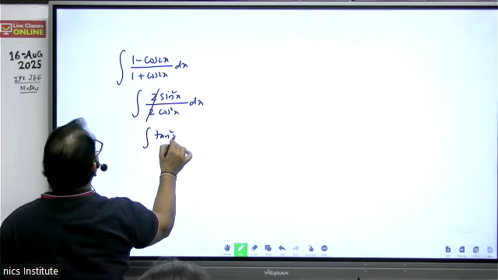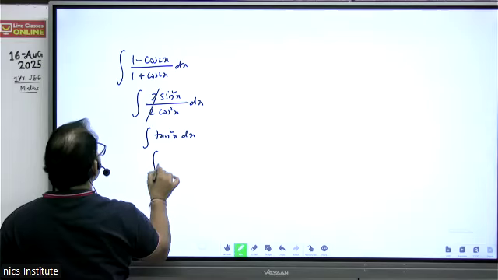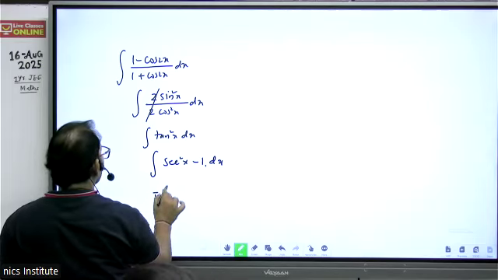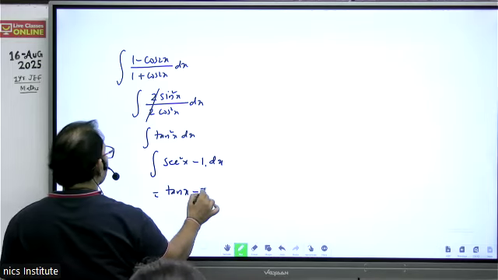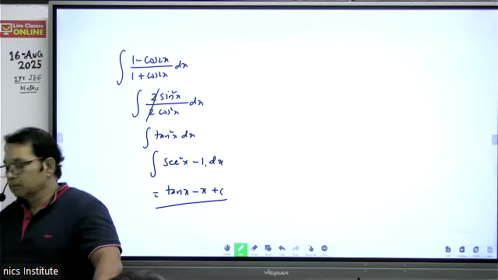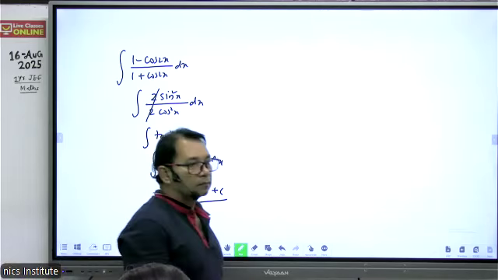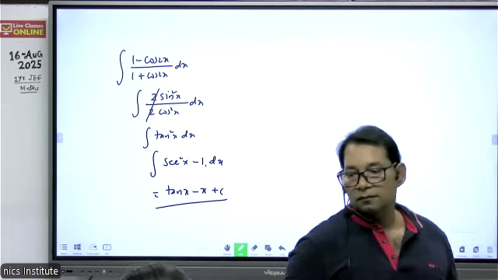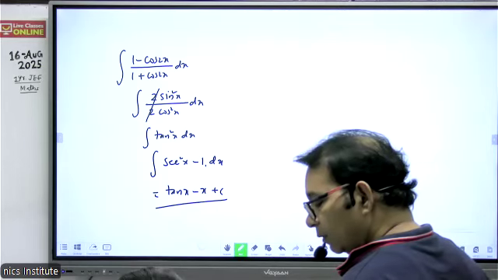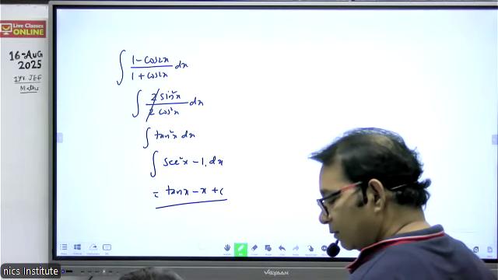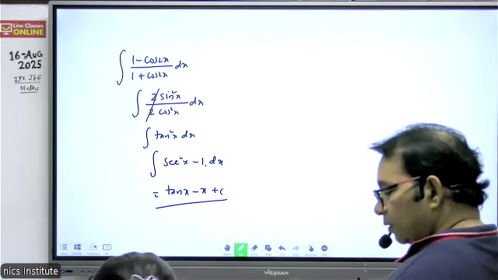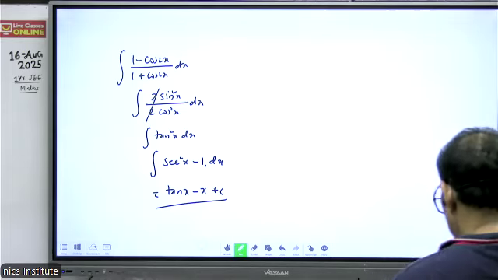We don't have any ready-made formula, so we use identity. Tan square x is sec square x minus 1. Integration of sec square x is tan x, and 1 is x. This cos square x, divide individually. अलग अलग divide करो. 1 by this, 1 by this.